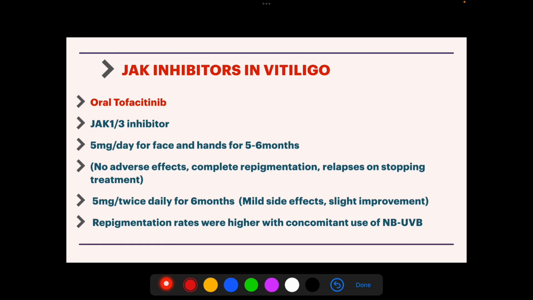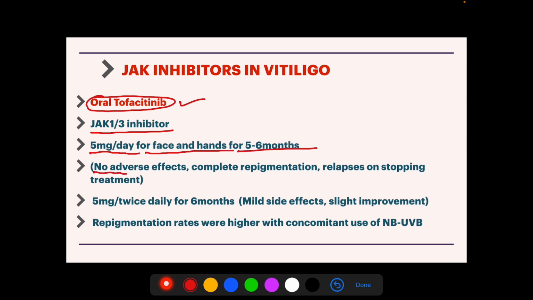JAK inhibitors used in vitiligo are oral Tofacitinib, which, as we already know, is a pan-JAK inhibitor and acts on JAK1 and JAK3. Dose is 5 mg per day for face and hands for 5 to 6 months.